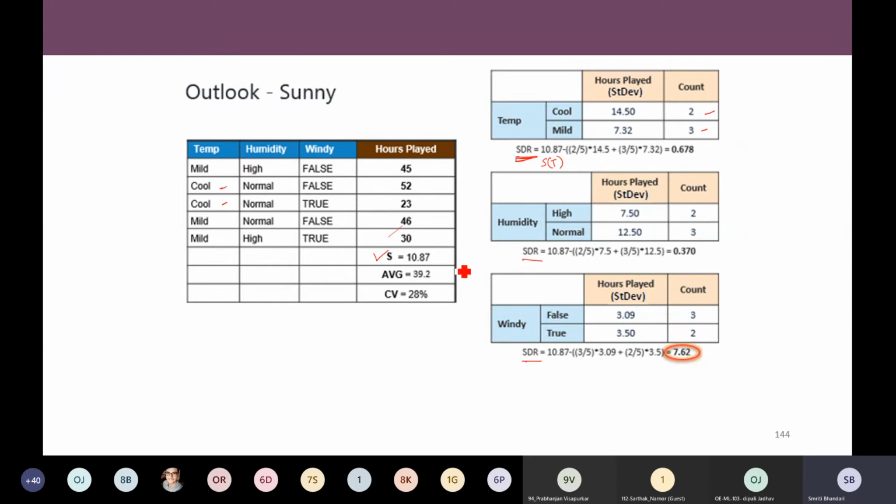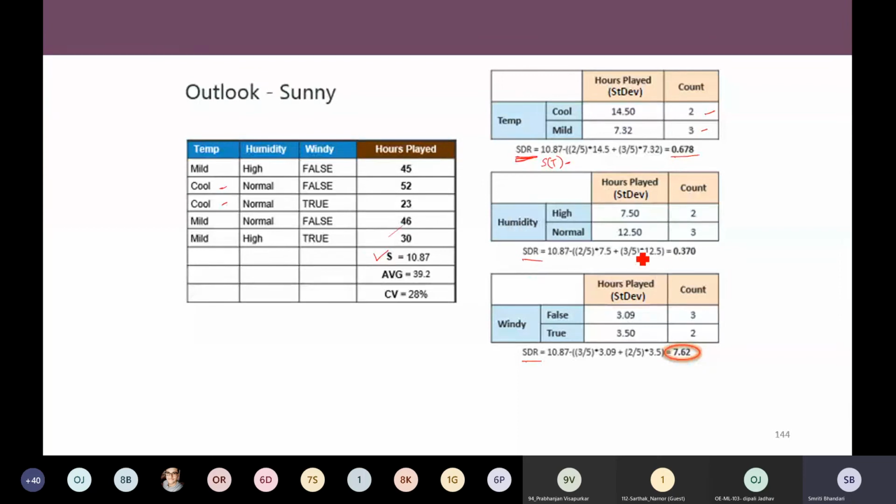Based on these values, SDR is computed for temperature. SDR equals S of target minus S of target comma temperature, and SDR becomes 0.678.